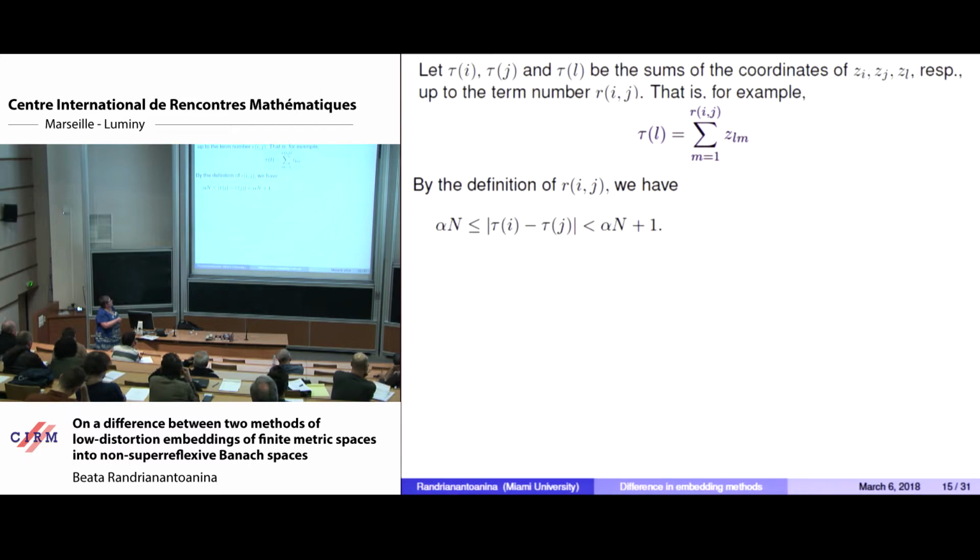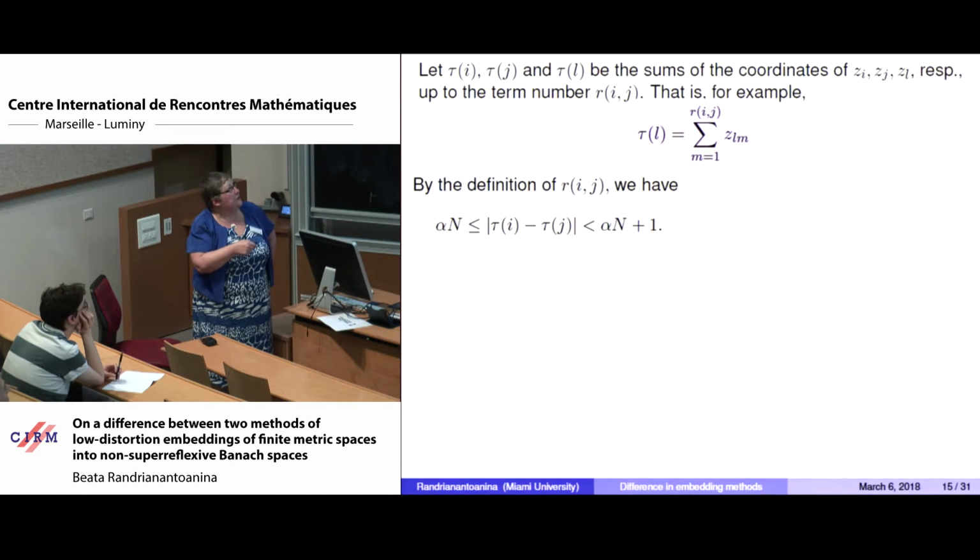And so then this norm Zi minus Zj, the summing norm, is precisely the absolute value of tau i minus tau j. And by assumption, that is the number which witnessed the summing norm distance between those two points.